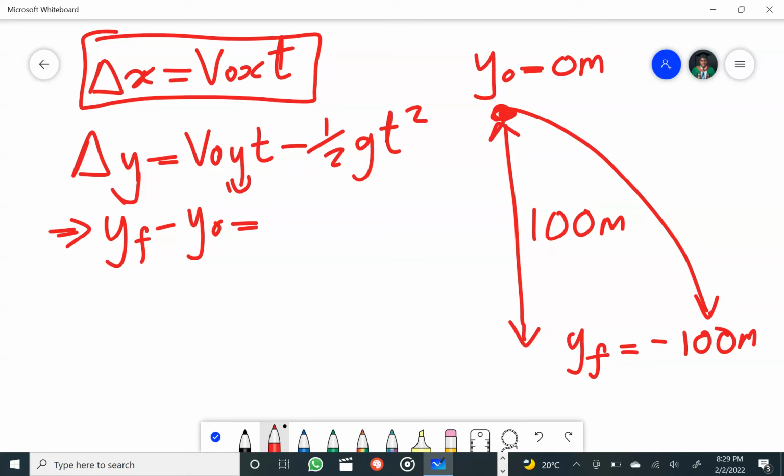Then the other thing we want to figure out is the initial velocity that this particular object started with. What do we know about this velocity? Remember, this plane has a velocity in the horizontal. This plane is moving horizontally.